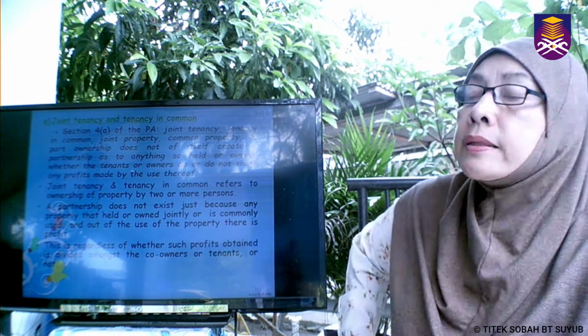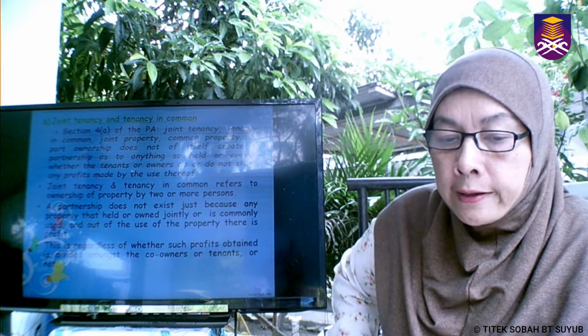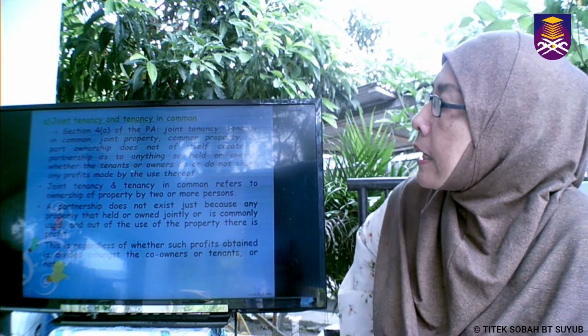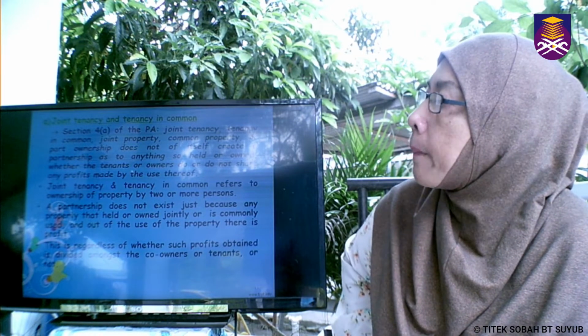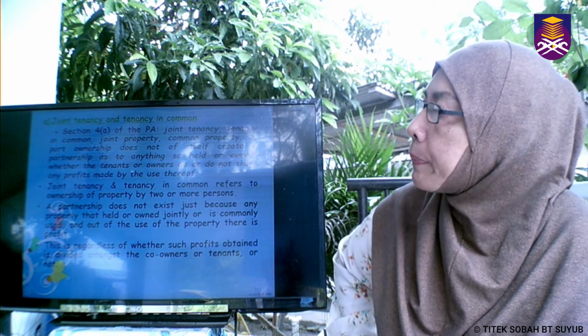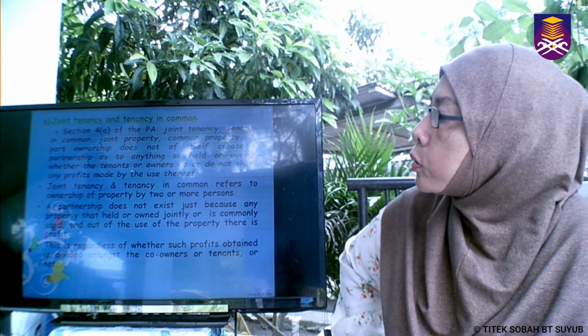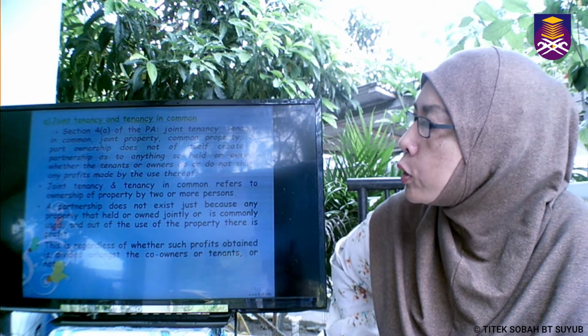So the joint tenancy and tenancy in common is what I mentioned to you as the first one. This is under section 4A here. So under section 4A it says joint tenancy, tenancy in common, joint property, common property or part ownership does not of itself create a partnership as to anything so held or owned, whether the tenants or owners do or do not share any profits made by the use of it.